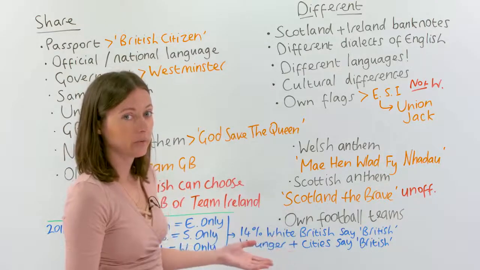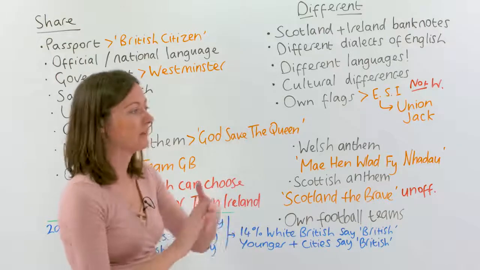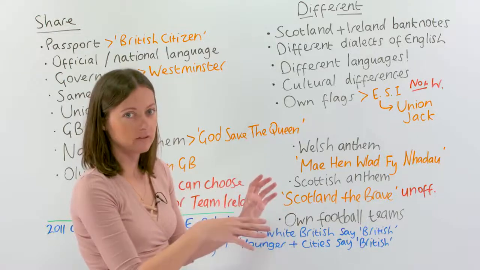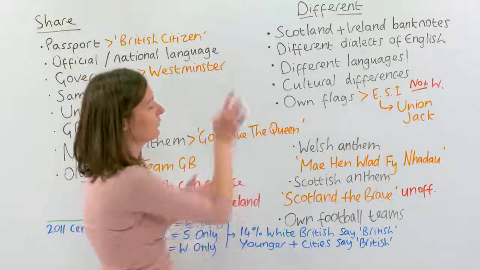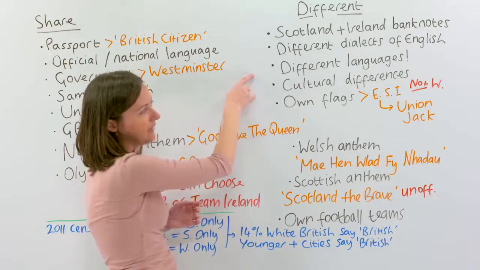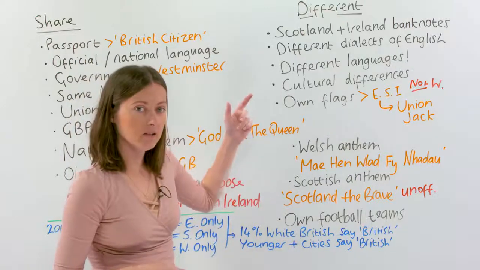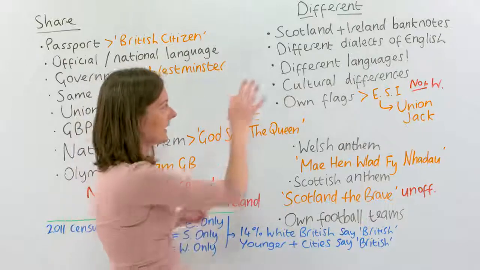If you go to Wales, many people in Wales speak Welsh, and things like their road signs in Wales are in two languages at the same time. They have two official languages. In Wales they have Welsh, and they also have English. In Northern Ireland, a percentage of the people will speak Gaelic.